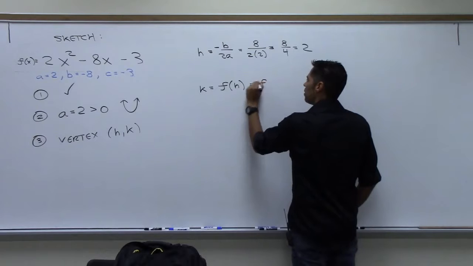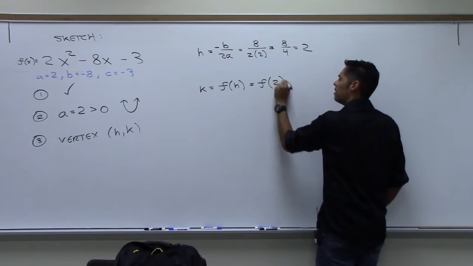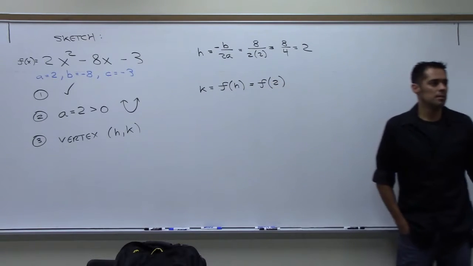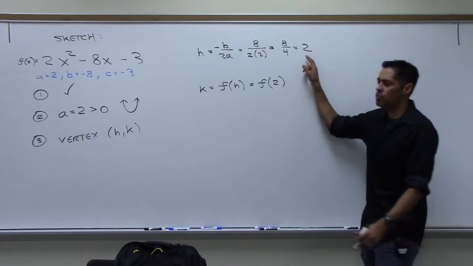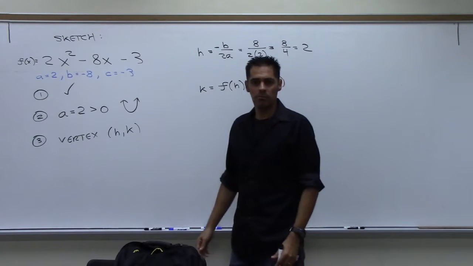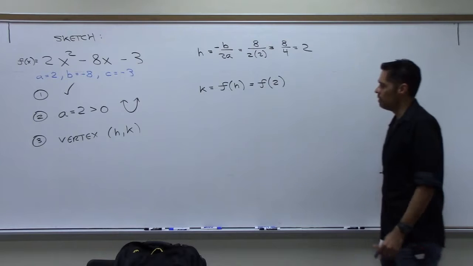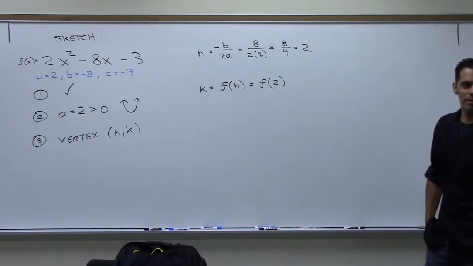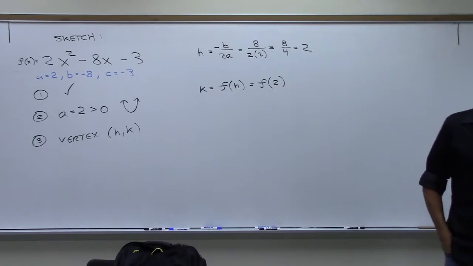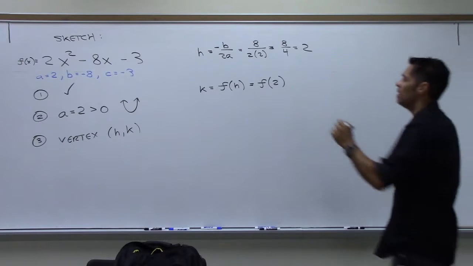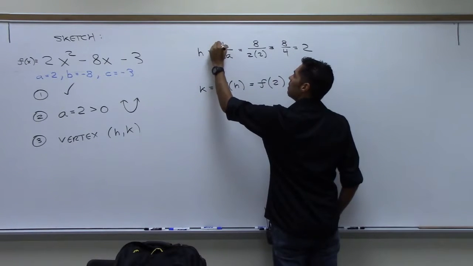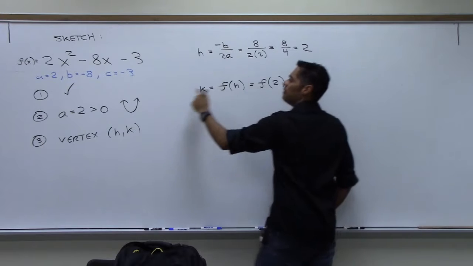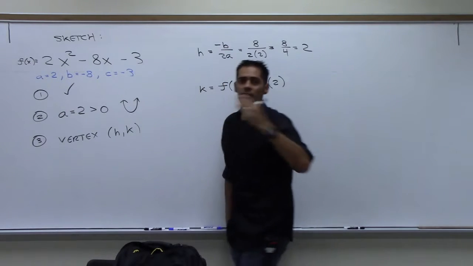And h for us was what? 2. So that means plug 2 into the function. Does everyone understand that if you get h wrong, k is going to be wrong, right? Most likely. I mean, you could get lucky. Okay, in the formula, this is a negative b, right? Negative b, and if b is already negative, it changes it to positive.